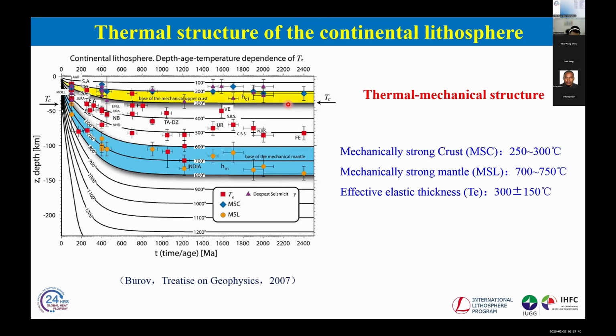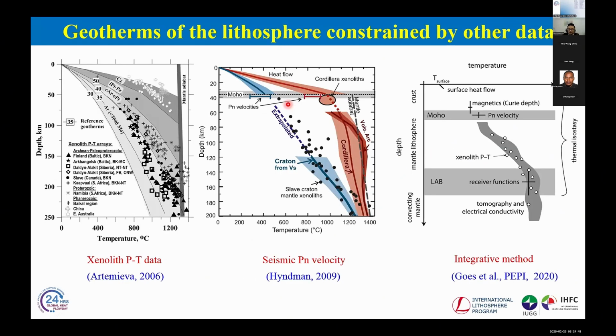So I think it is quite important to combine the thermal and mechanical properties together. When we calculate the thermal structure of the continental lithosphere, firstly we use the heat flow as the constraint, and use the heat transfer equation, a numeric or analytic solution, and we can get the profile like this one.